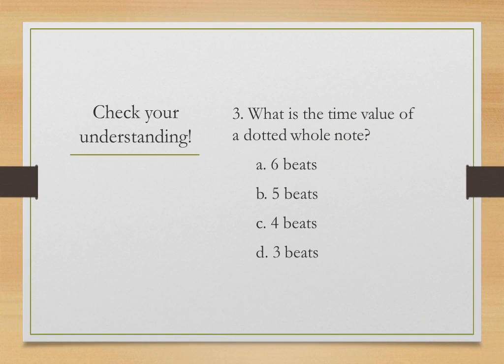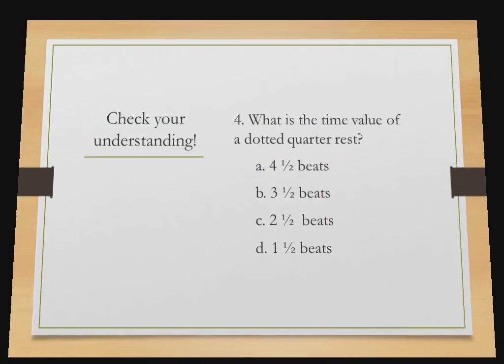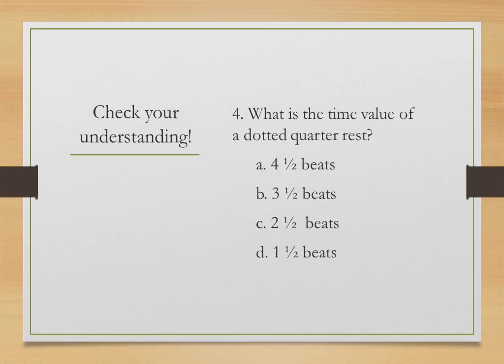Question number 3. What is the time value of a dotted whole note? A. 6 bits. B. 5 bits. C. 4 bits. Or D. 3 bits. The time value of a dotted whole note is 6 bits. Letter A. Question number 4.